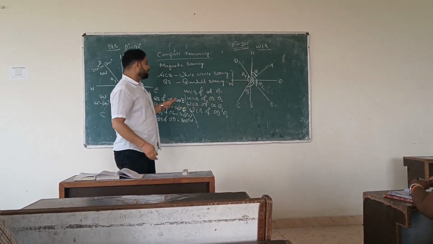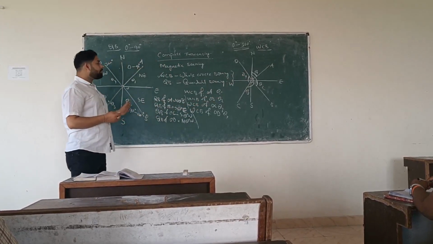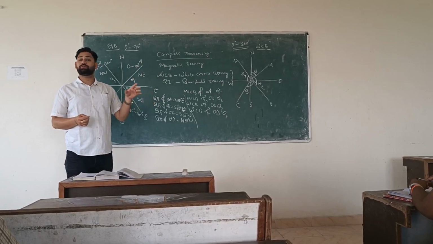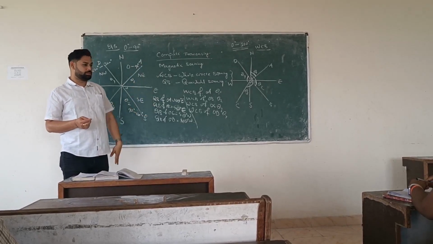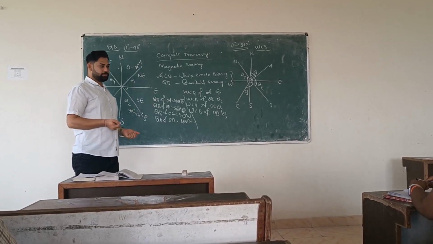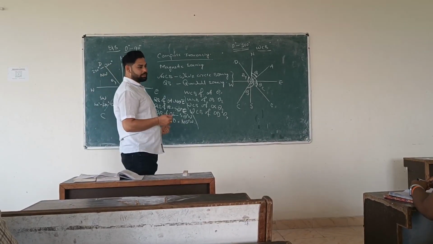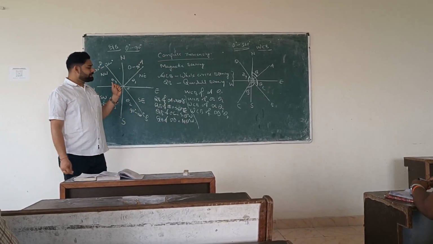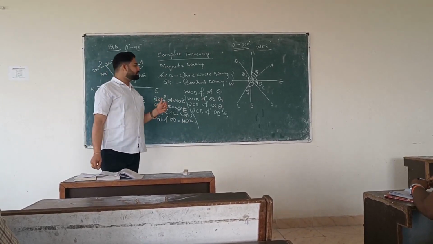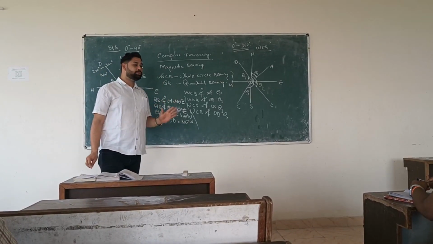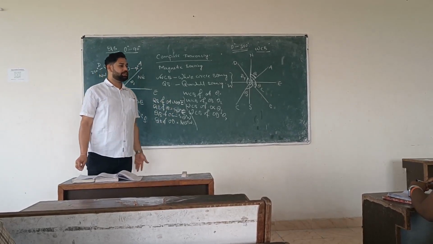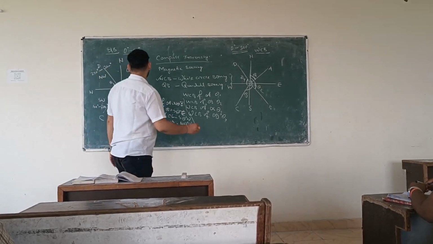But the main objective of this WCB and QB is the conversion of WCB to QB or QB to WCB. How is it possible? This is the main thing of this topic. There are some key points. We have to first know in which quadrant the line is situated.